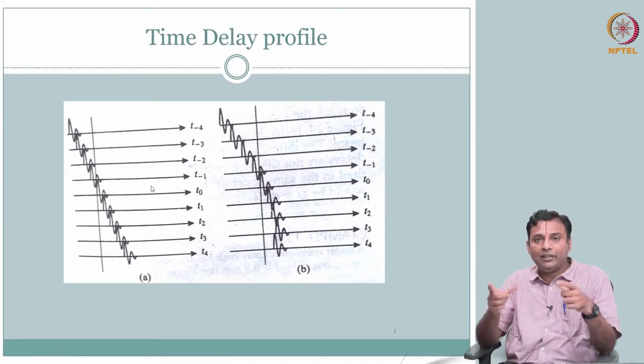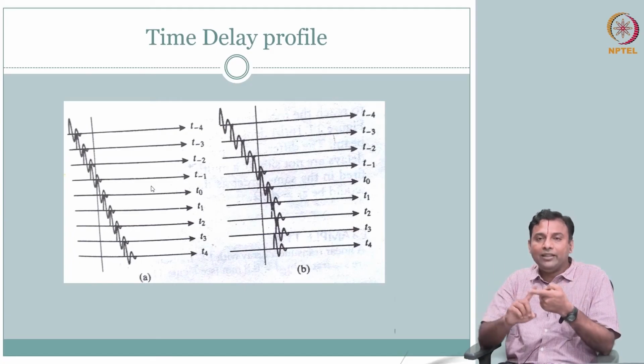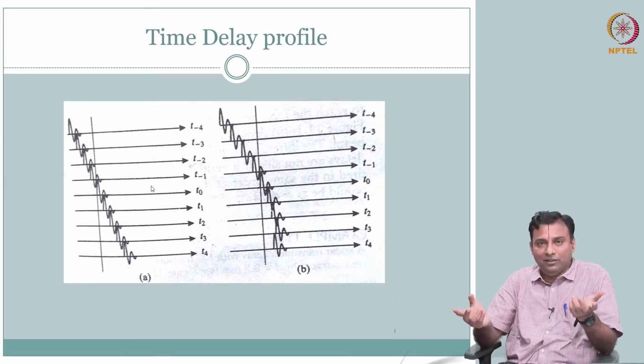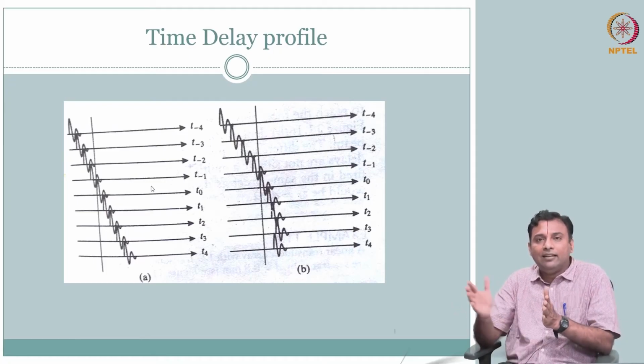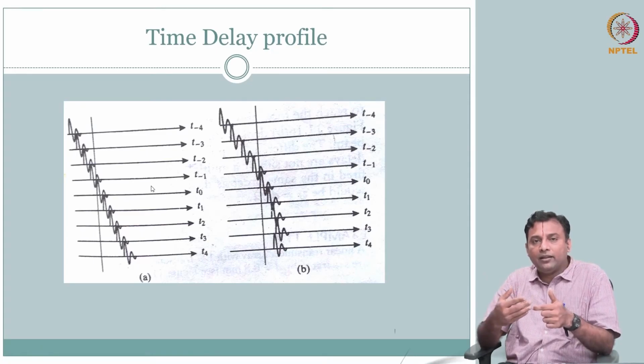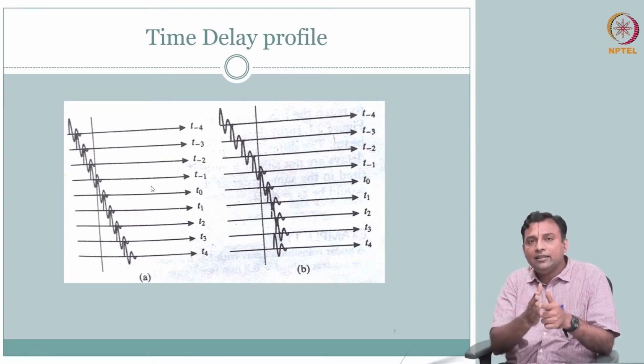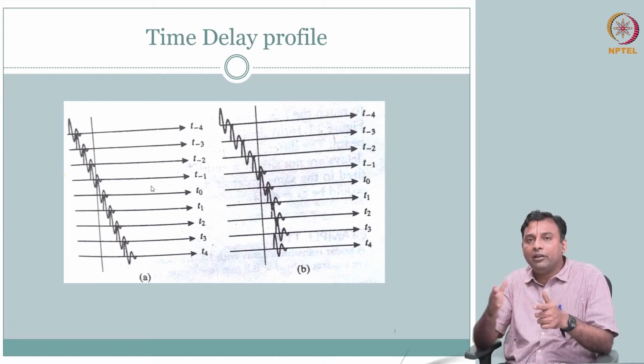So, for the time delay that you are doing, the only thing you have to take care of is that negative time delays are not realizable. You cannot physically realize t less than 0; you have to have everything in positive delay.